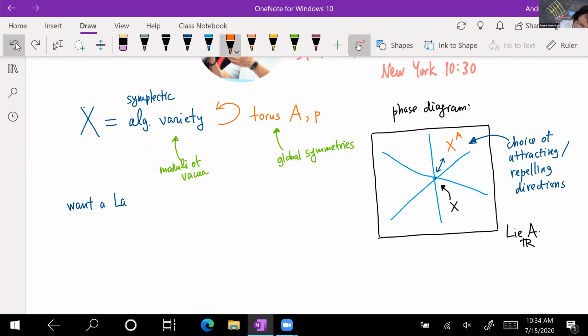So now what is it going to look like in our case? In our case, what was that? Let's just go back to this example. What is that ideal sheaf?